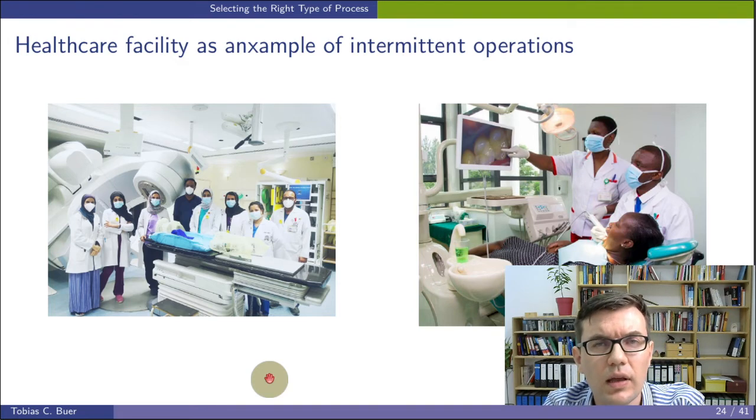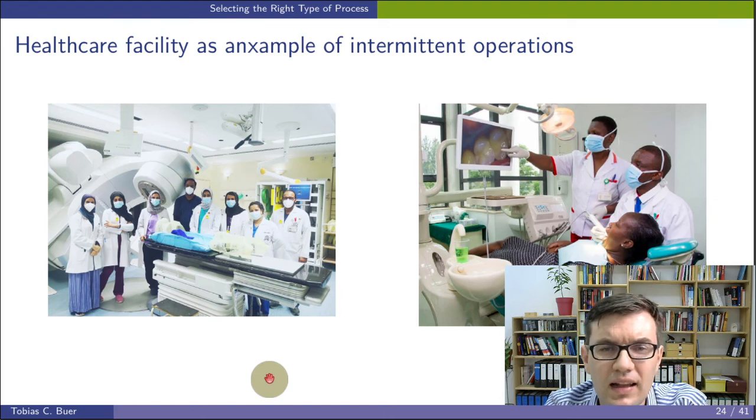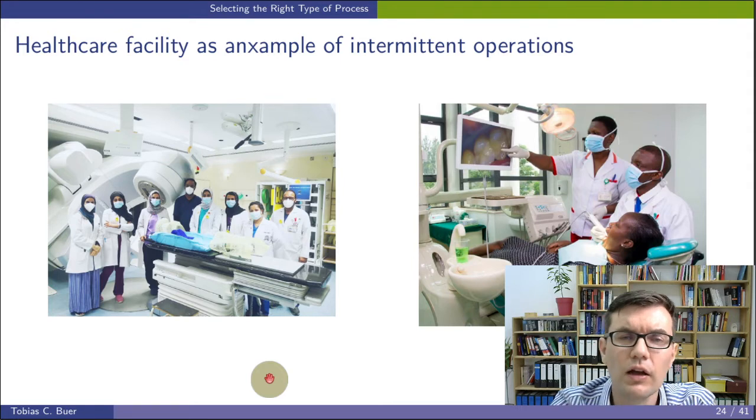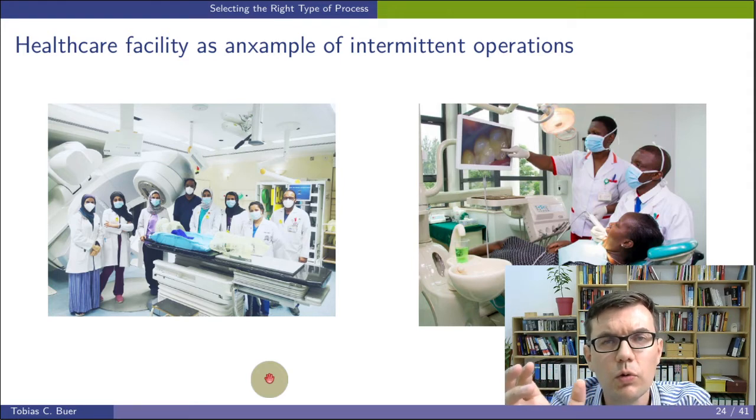Let's look at an example for intermittent operations. Think of a healthcare facility, think of a hospital. You have many different workshops, for example, dentist, surgery, emergency, pharmacy, radiology, whatever. And of course, a patient that enters the hospital is not visiting all the different functions of the manufacturing process.